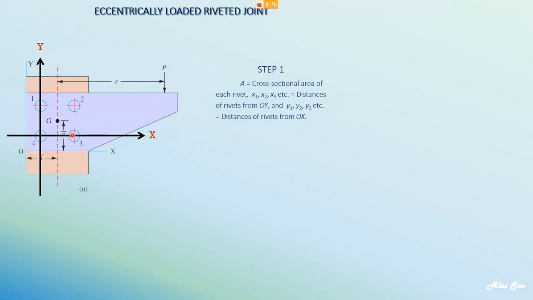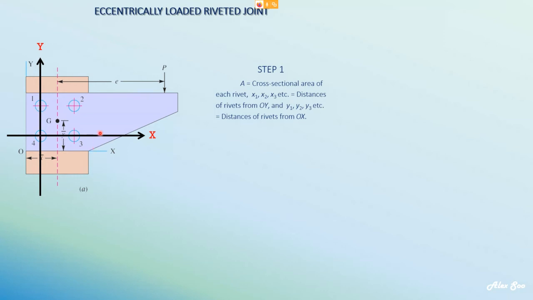Y3 and y4 should be 0. Then from the reference axis y to the center of rivet 2 is your x2, and to the center of rivet 3 is your x3. X1 and x4 should be 0.